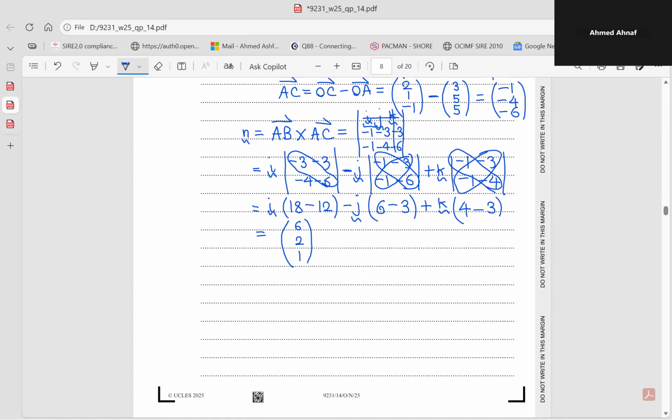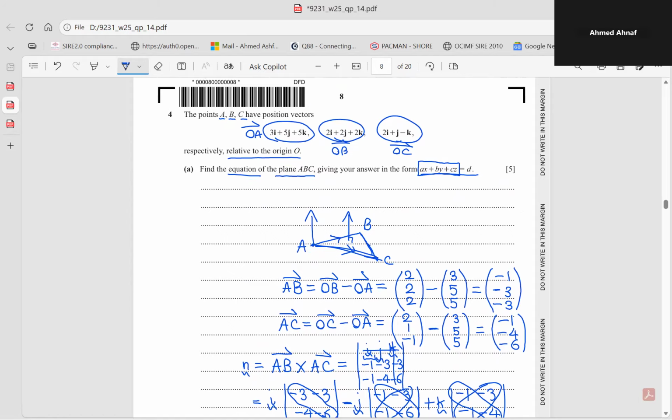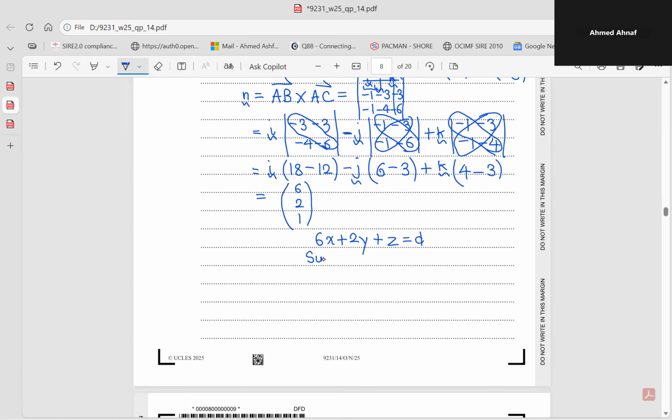So we can write 6x plus 2y plus 1z equals d. To get our d, we can substitute the Cartesian coordinates of A, B, or C. I'm going to use C. No, I'm going to use B, which is 2, 2, 2. So I'm just going to sub in B, 2, comma 2, comma 2.